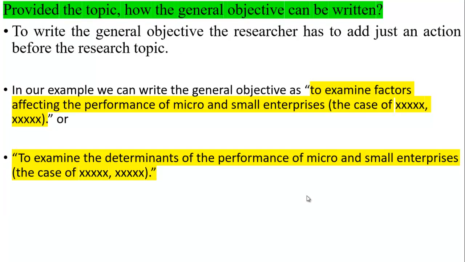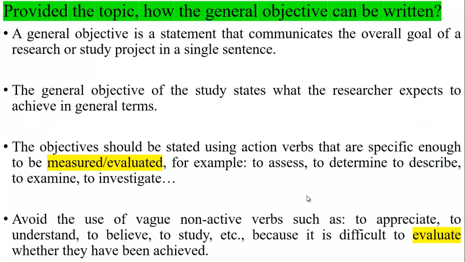And to write the general objective, the researcher has to add an action before the research topic. Okay, this means, in other words, the general objective is just the direct copy of the topic itself. You can go back and see our topic.